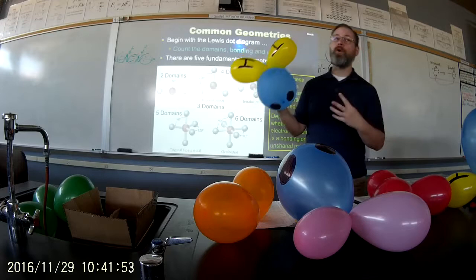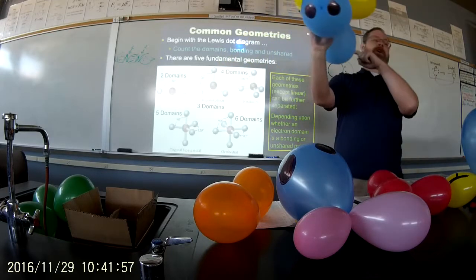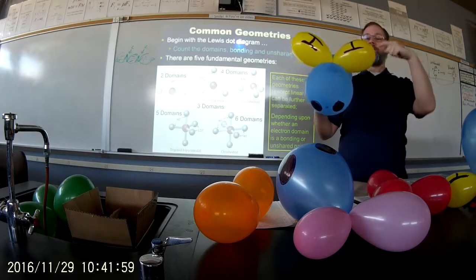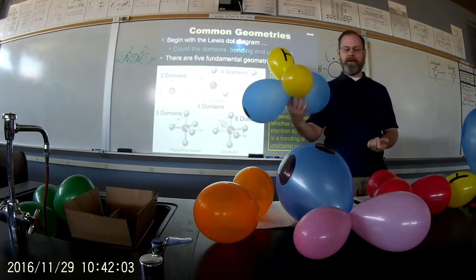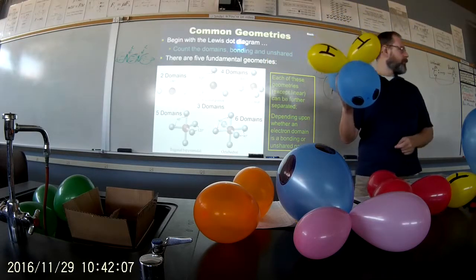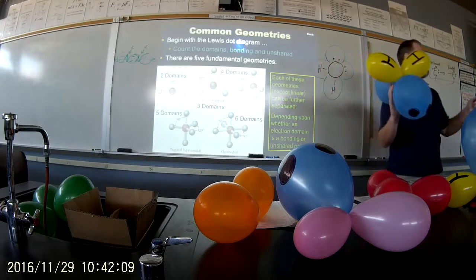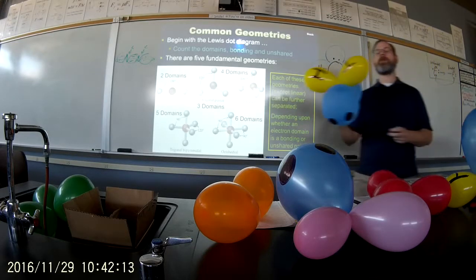But of those 4, 2 of them are unshared and 2 of them are bonding. So we have to have a name for what this is. What kind of molecular geometry do you think you would see? Ignoring the unshared pairs, how does water look?